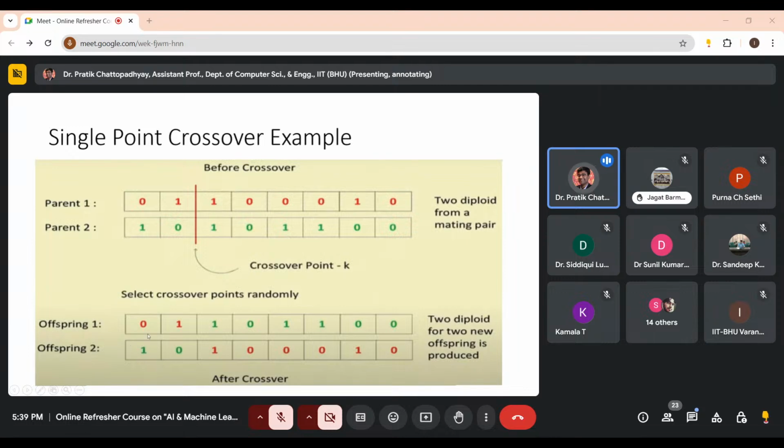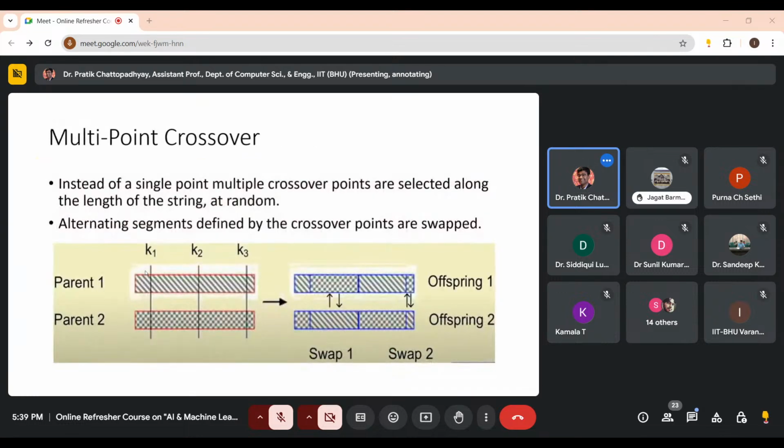Whatever we choose, the first bit will never change. Parent 1 and offspring 1 will always have the same bit. Parent 2 and offspring 2, the starting bit will always be the same. So this is one of the positional biases present in these crossover schemes.